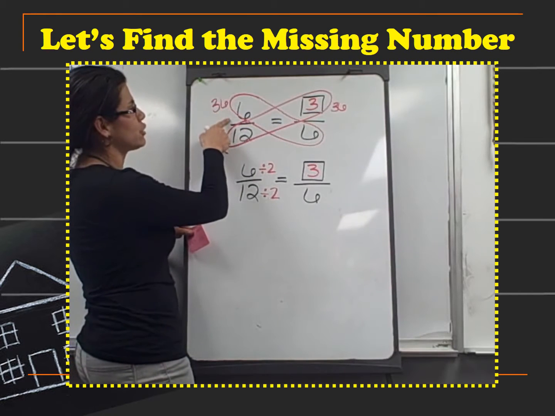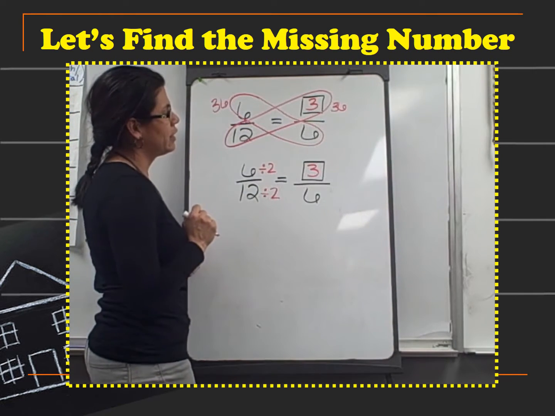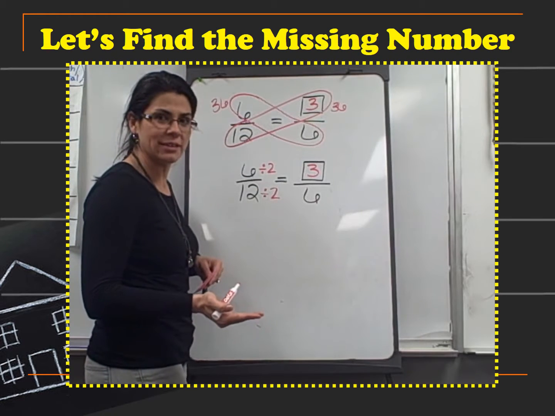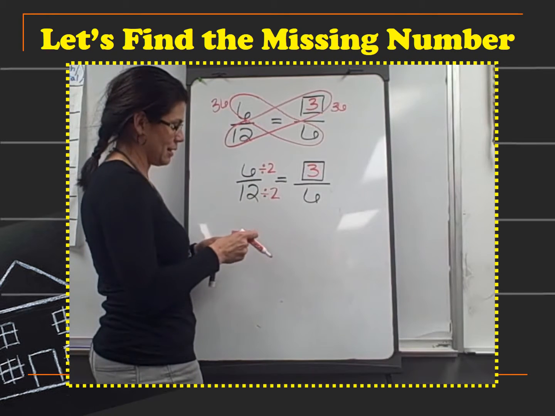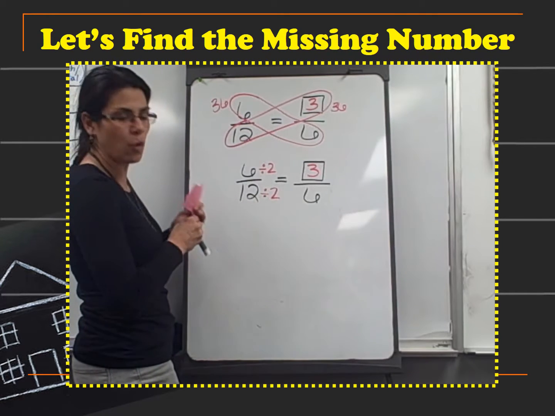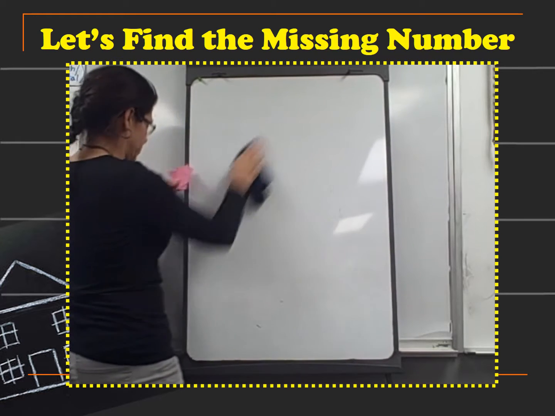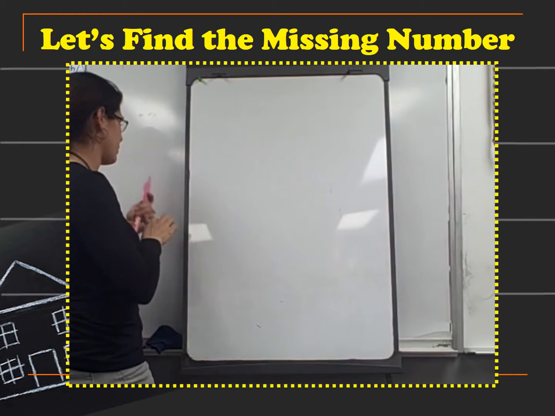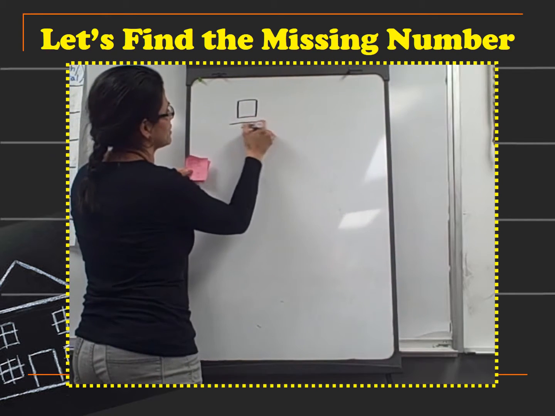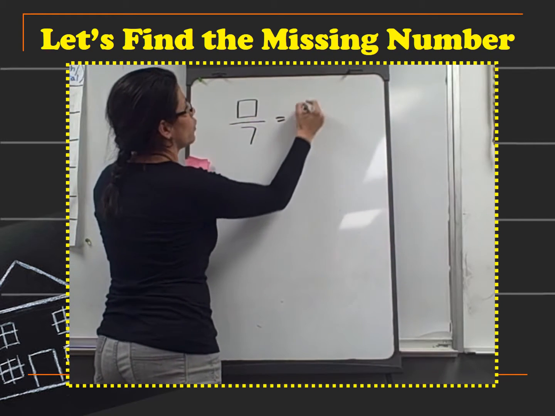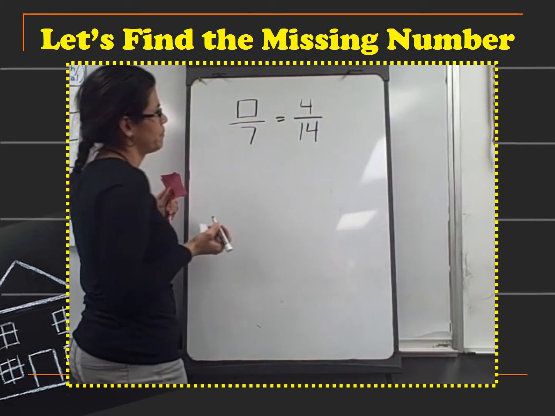So again, strategy 1, mental math. Strategy 2, using multiplication or division to find the equivalent ratio. Let's look at one more example. All right, let's say we have an unknown number over 7 equals 4 over 14.